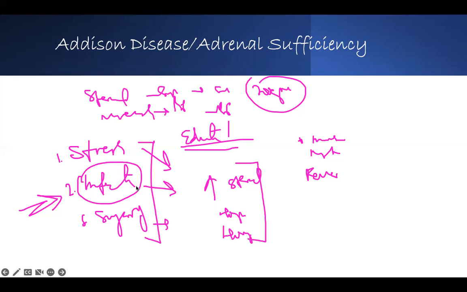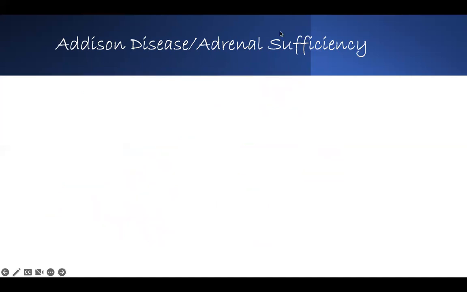You don't have enough steroid to fight this problem, so it becomes a problem. We have to fix you. That is a good teaching you have to tell the patient. Otherwise, they will go into shock.